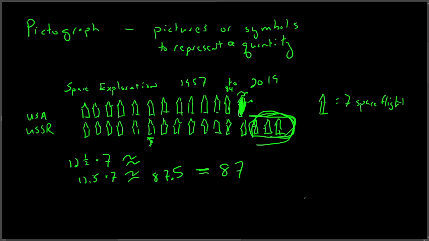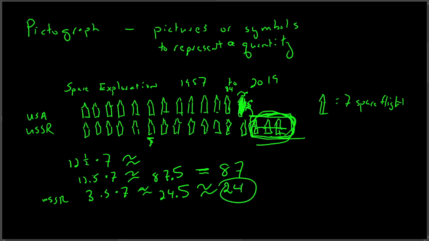And we could also look at how these extra space flights came into play. So there's a half here, so we have 3.5 more. So the USSR had 3.5 times 7, or 24.5. Again, because we're not sure, we'll round down to be sure.